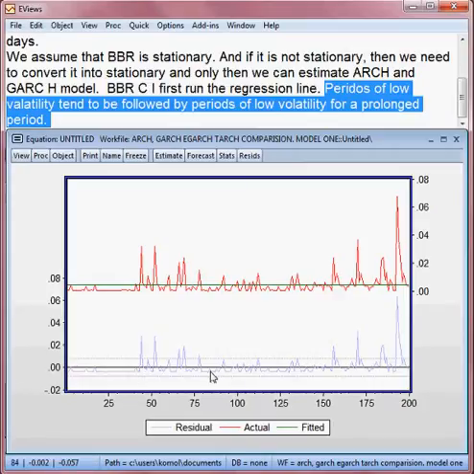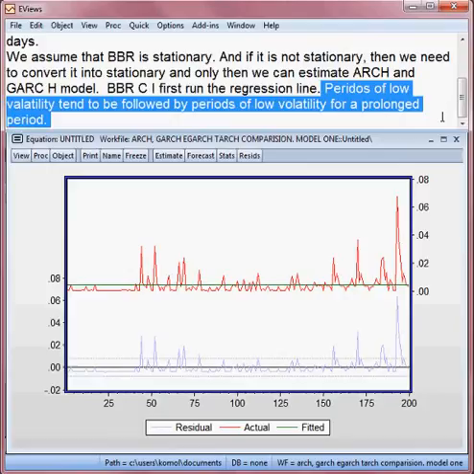Again, from here to here, you can see this gap. From here to here, also periods of low volatility tend to be followed by periods of low volatility for a prolonged period.